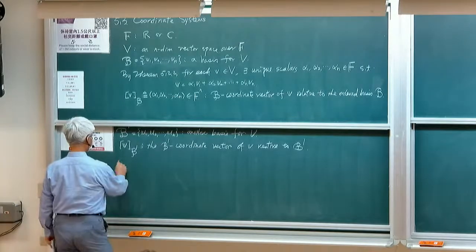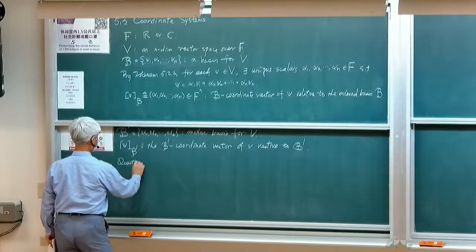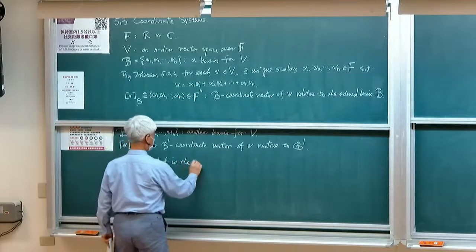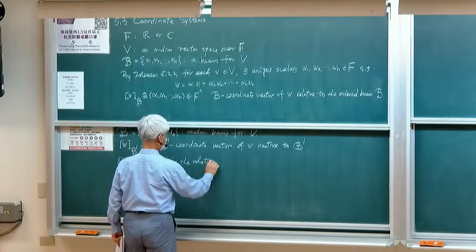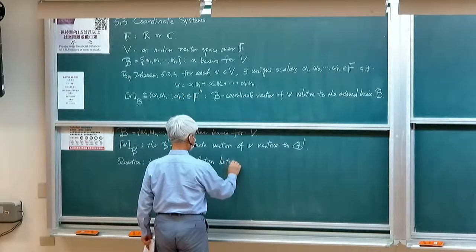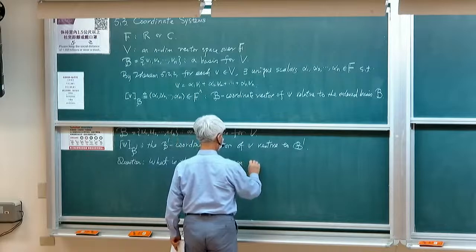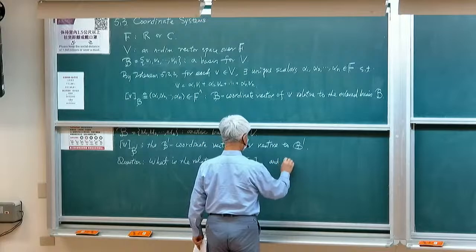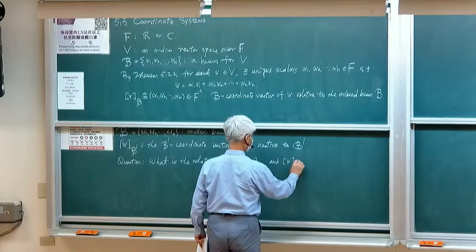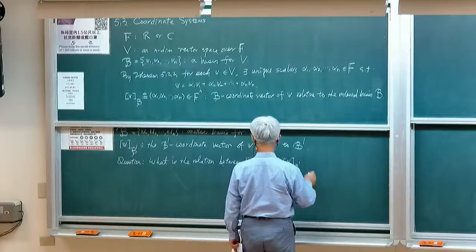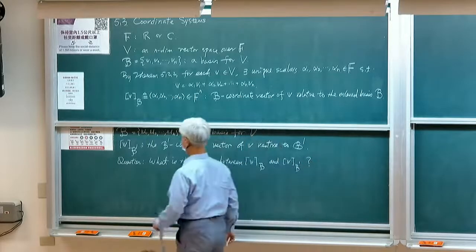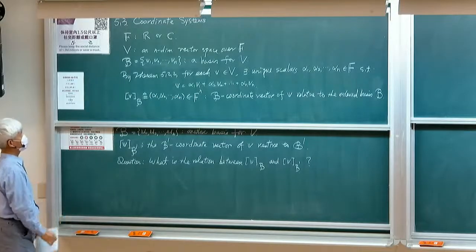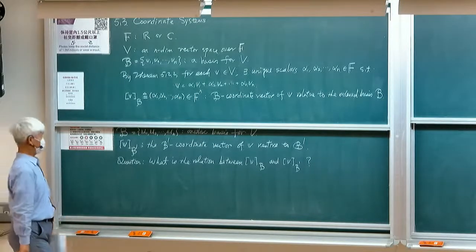So the question is, what is the relation between the B coordinate vector and the B prime coordinate vector?